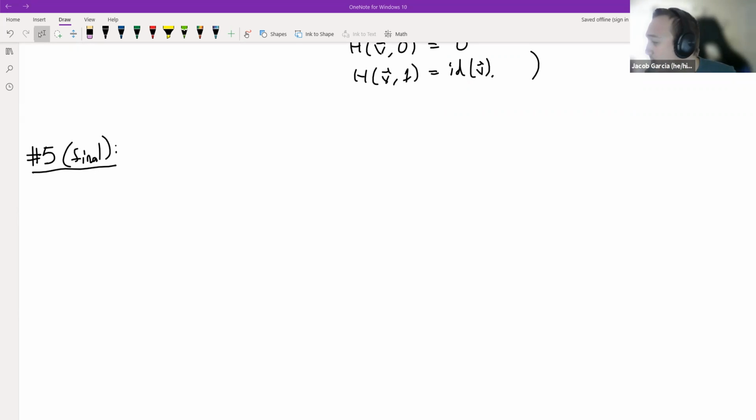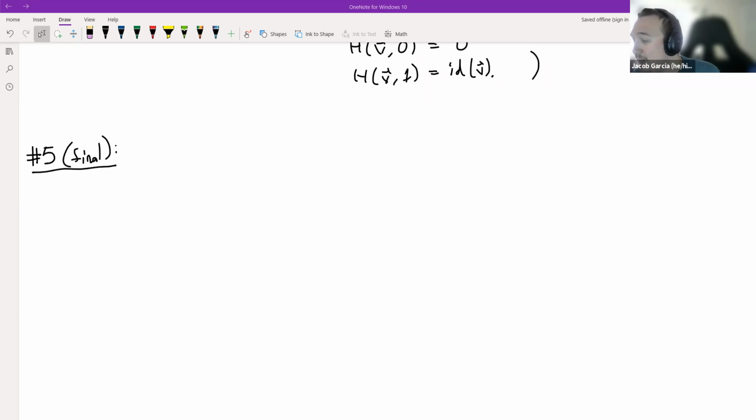I guess the first thing you should think of for this is that this should be true, just heuristically, because the Lie bracket of two vector fields on a manifold just gives you another vector field on the manifold, right?